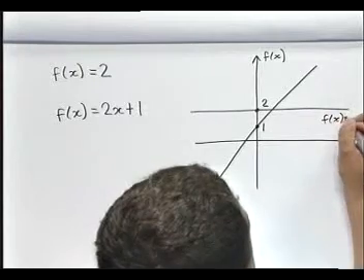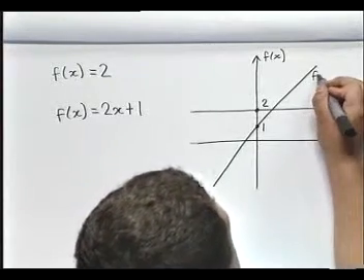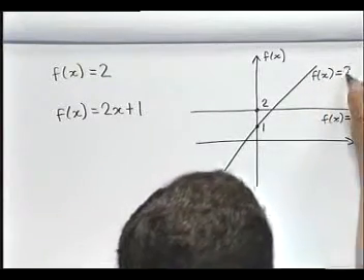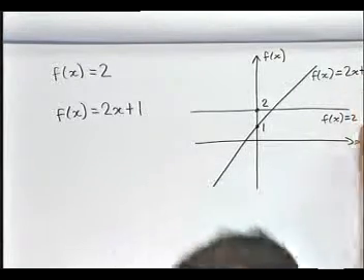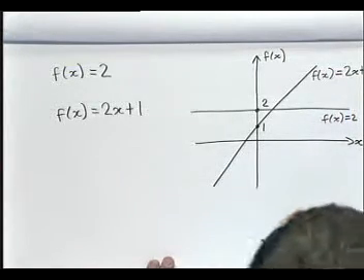So this is f of x equals 2, and this is f of x equals 2x plus 1. Now, an important thing to remember is that all constant functions are horizontal straight lines, and all linear functions are straight lines which are not horizontal.